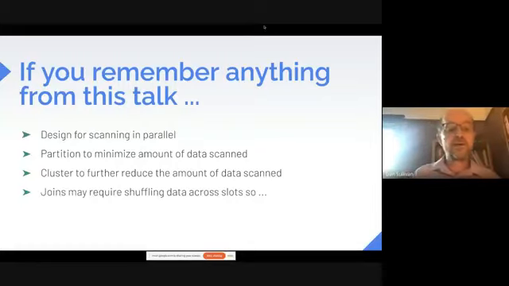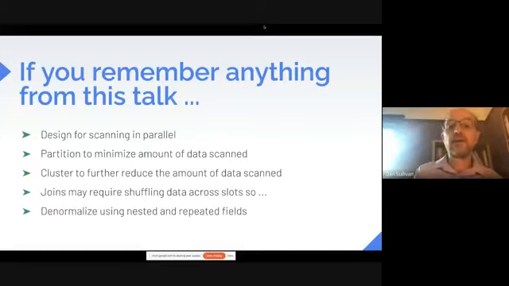Now, BigQuery supports joins, and it's not a problem to do joins, but it can require shuffling across slots. So another thing that we can do to make things a little more efficient is to denormalize and take advantage of Capacitor by using nested and repeated fields. These are data modeling techniques that go against the grain of many things that you might have practiced when designing for OLTP, or even for denormalized data warehouses when using a relational database management system.